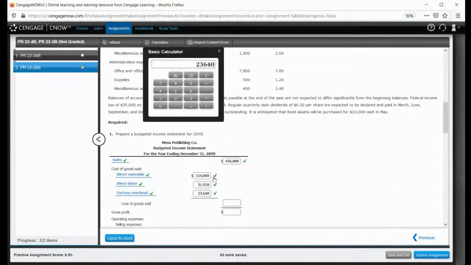Do you understand how we got the cost of goods sold amounts? Since I hear no questions, we're going to go ahead and add the total of each one of the materials, labor, and overhead together to get the total cost of goods sold.